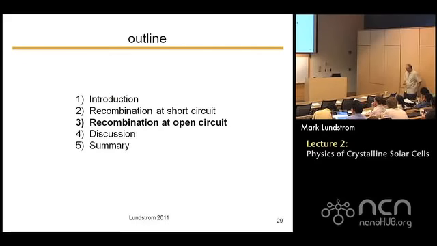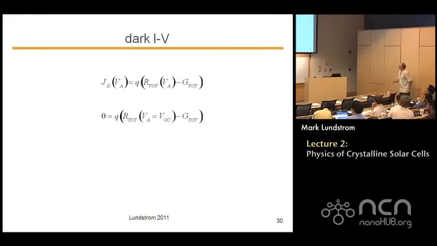Okay. All right, so that's how things happen at short circuit. Let's look at what happens under open circuit conditions. Under open circuit conditions, the top expression there, I've argued that that's exact. The diode current is recombination minus total generation. Under open circuit conditions, no current is flowing.